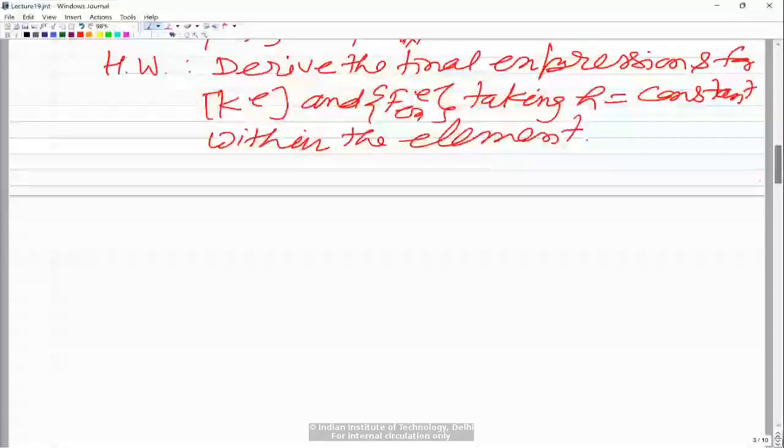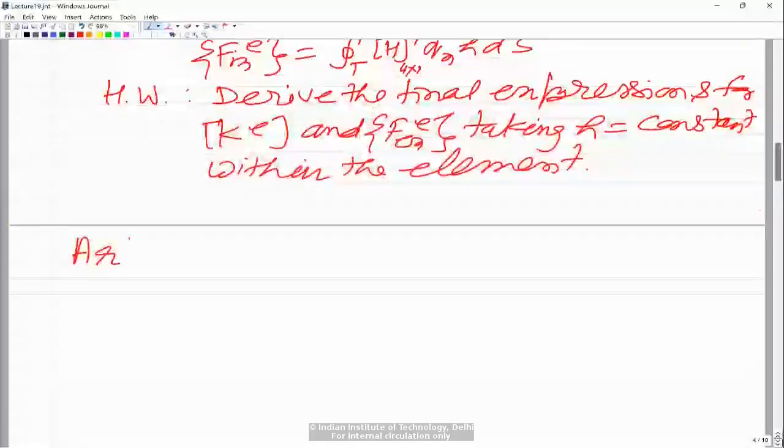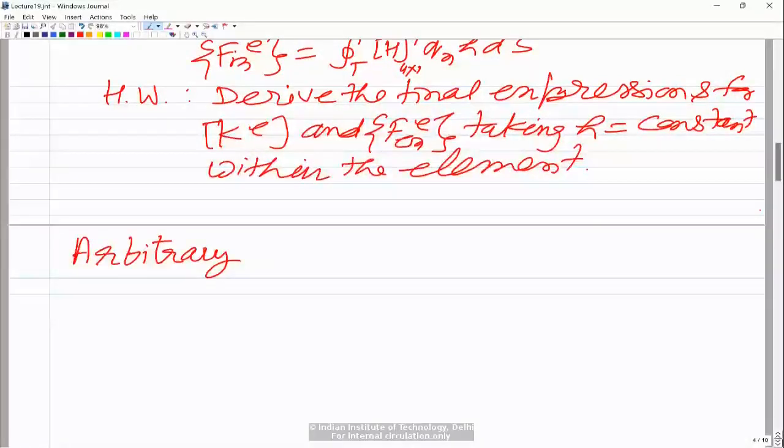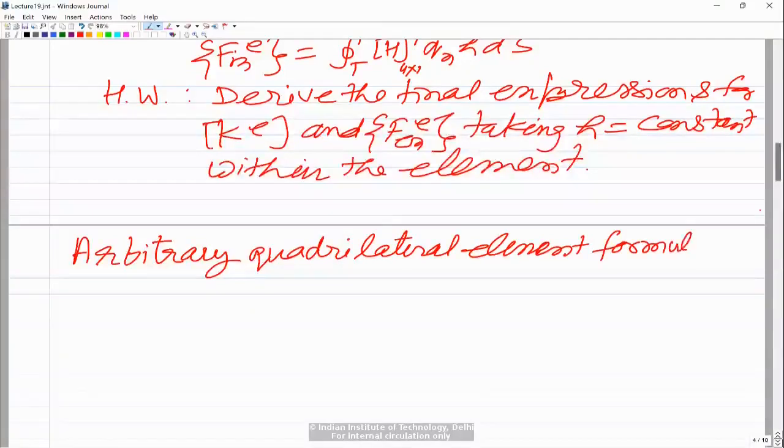So if I take an arbitrary quadrilateral, not a rectangular but an arbitrary quadrilateral element, formulated, and still we assume the approximate solution in the physical coordinate space, that is the xy coordinate space.